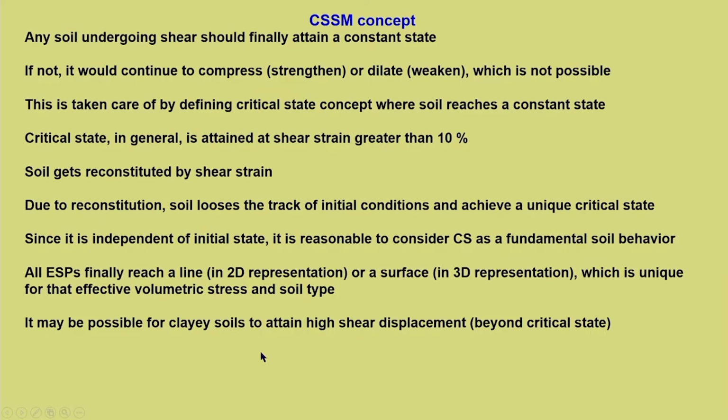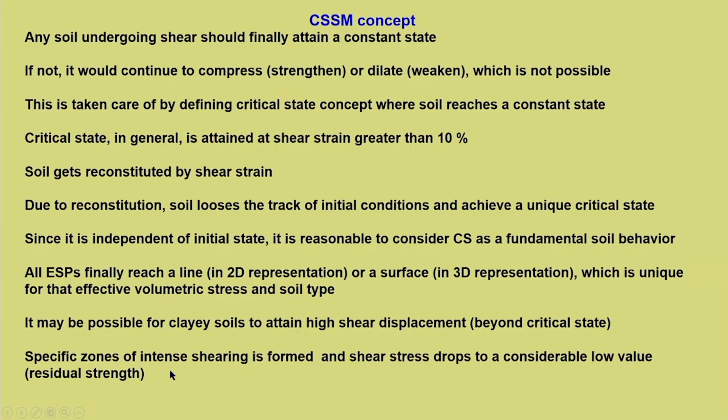That means the soil is subjected to very large displacement before failure. To account for very large displacement, the concept of residual strength is also there. So, specific zones of intense shearing are formed and shear stress drops to a considerably low value, and that is what is known as residual strength.